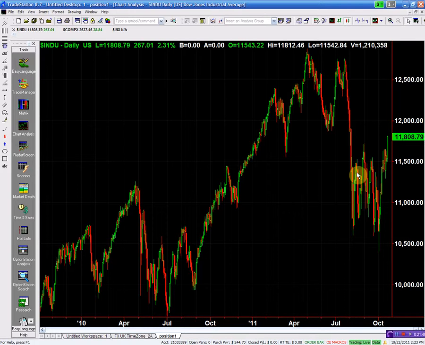Because if you want to buy any of the components in the US stock market, the only way you're going to buy these equities is by actually using the US dollar.